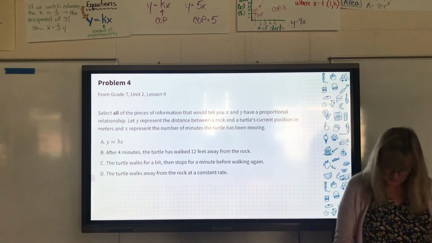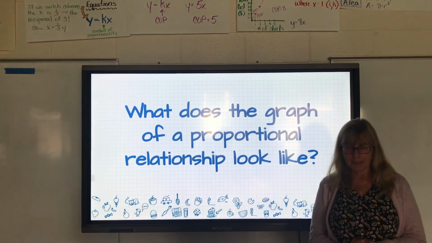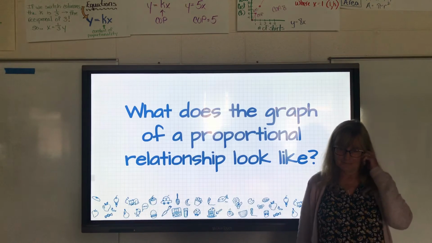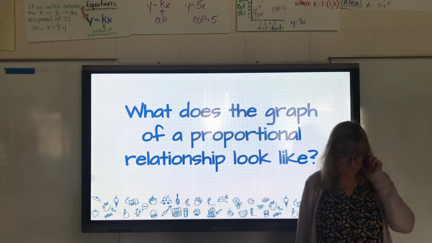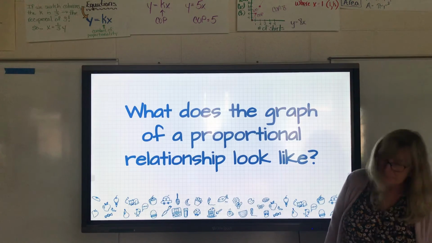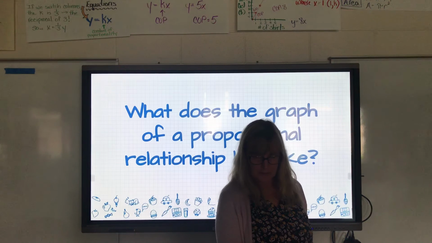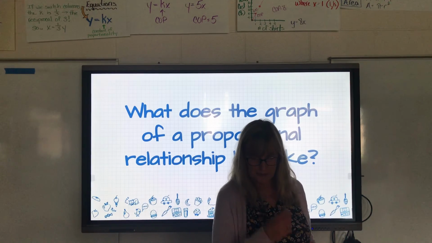Okay. What does the graph of a proportional relationship look like? Write it in the chat. I want everybody to write in the chat. What does the graph of a proportional relationship look like?